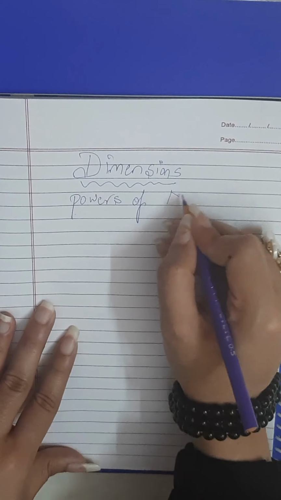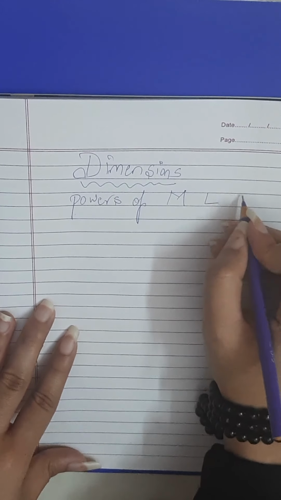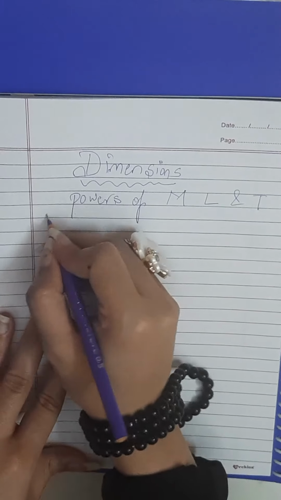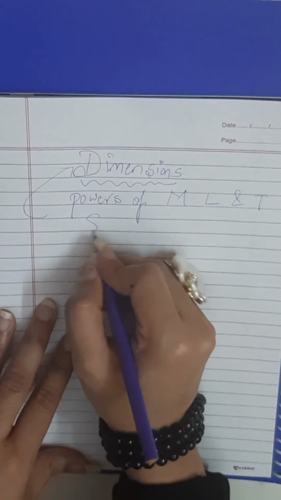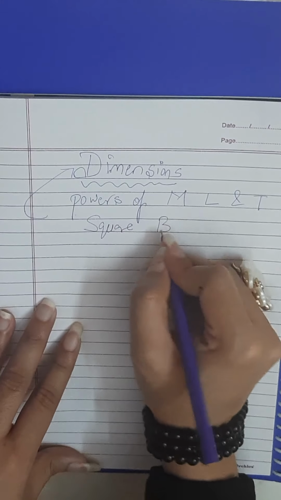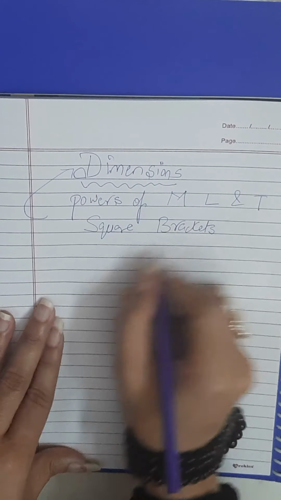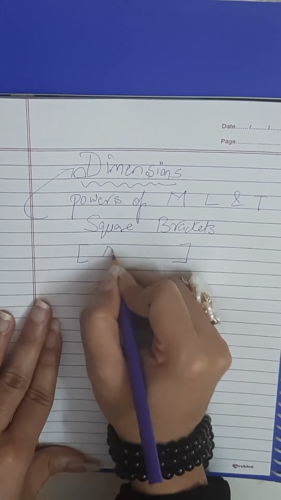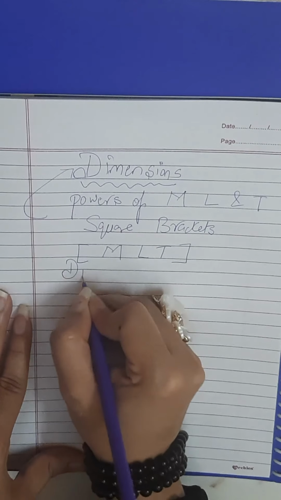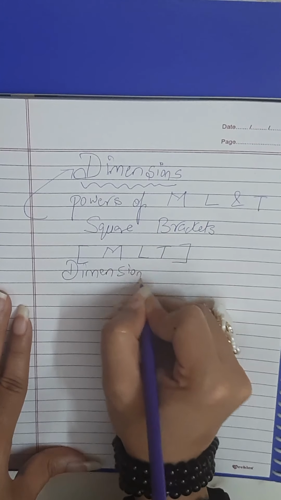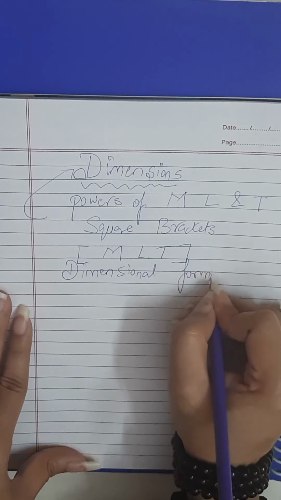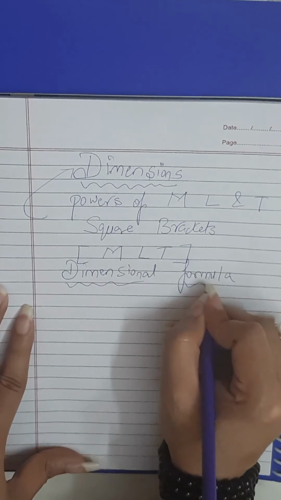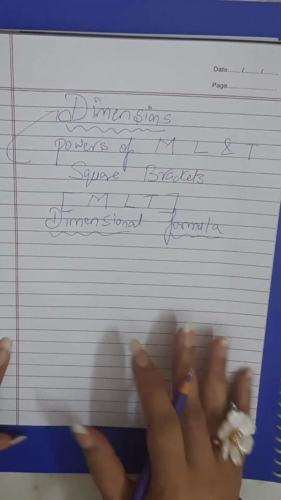The powers of mass, length and time are called dimensions. And when these are enclosed in square brackets, we get a formula called the dimensional formula. So now in this video, I'll be teaching you how do we write dimensional formulas.